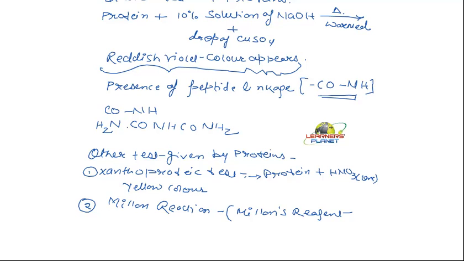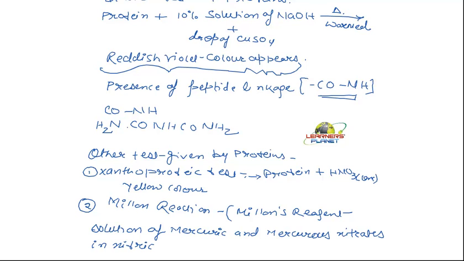This Millon's reagent is a solution of mercuric and mercurous nitrates in nitric acid containing a little nitrous acid.